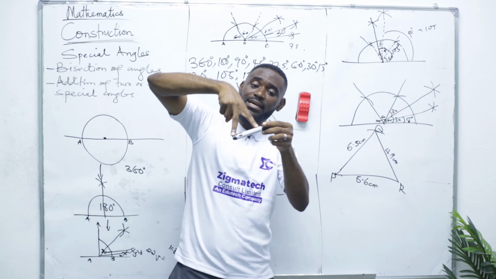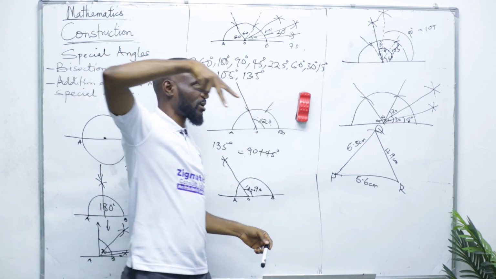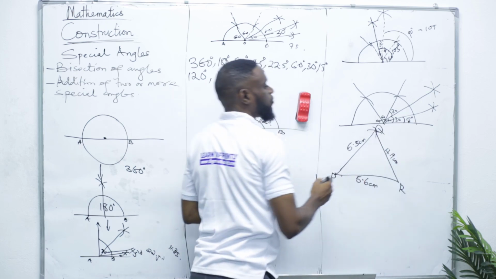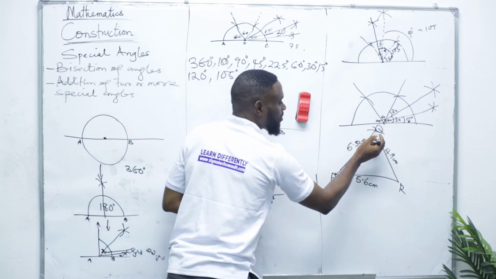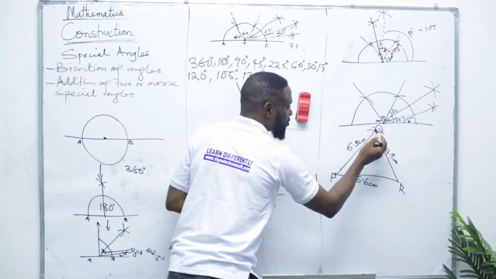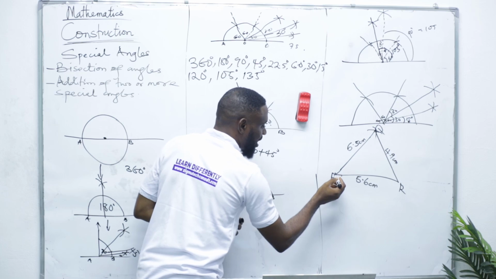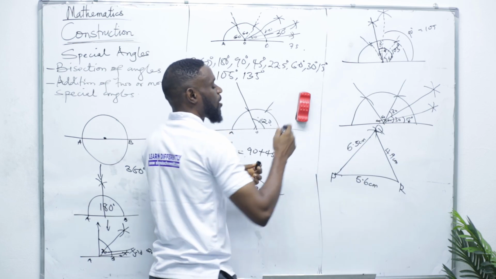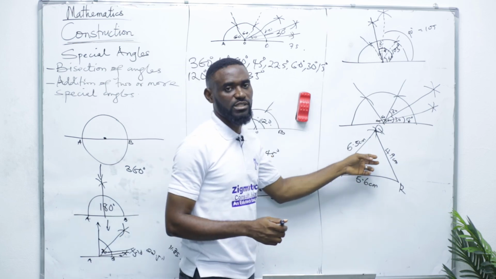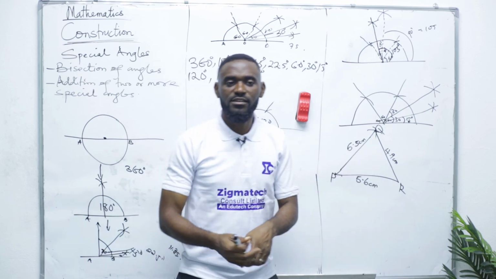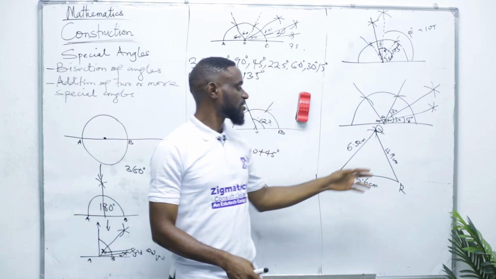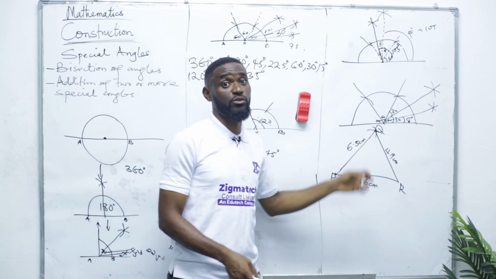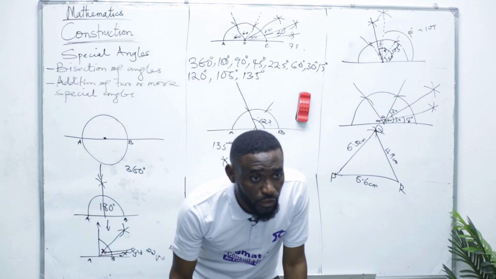He put the pin here, and at the point where they made the intersection, he drew this line to meet line PR, and drew this line to also meet line PR, and this is how this triangle was constructed. So let's look at the options that say what we have just explained here. Do you understand? Now let's look at the first one.